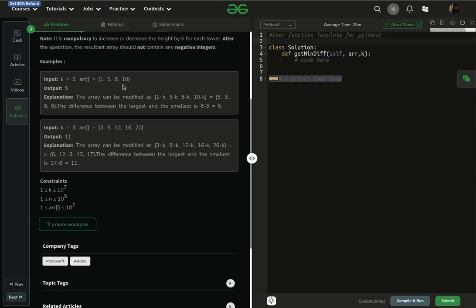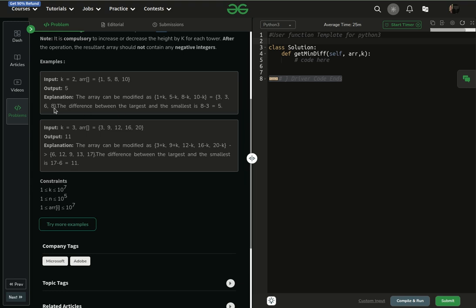There is an explanation here also: the array can be modified as 1 plus k, 5 minus k, 8 minus k, 10 minus k, which gives 3 3 6 8. The difference between the largest and the smallest is 8 minus 3. If we look at this array, the minimum is 3 and the maximum is 8.